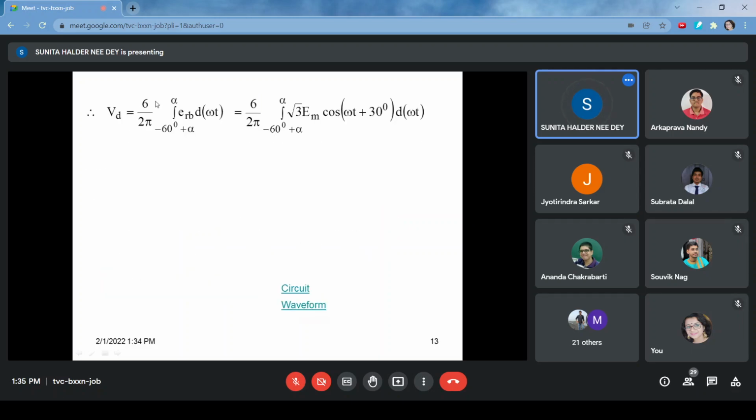Six pulses are available within one full cycle, so we integrate this expression over twice pi and use it for 6. This is the average: the total available divided by the total angle period. I hope you know this.